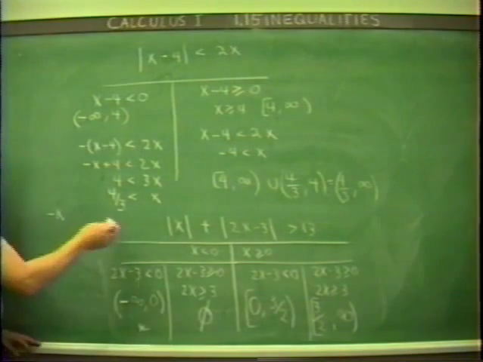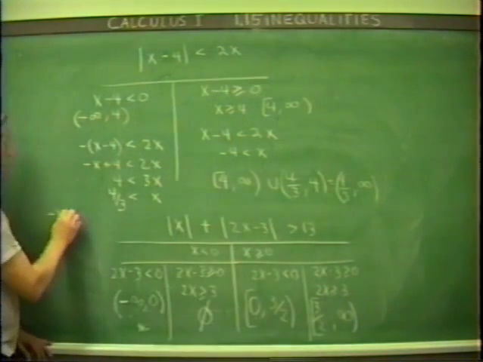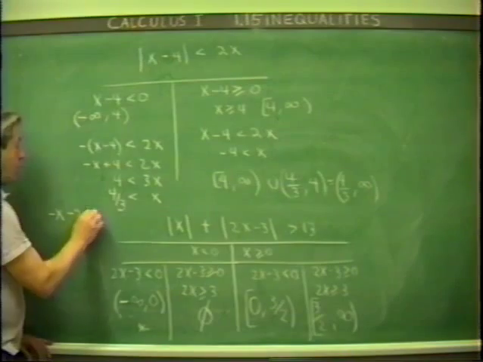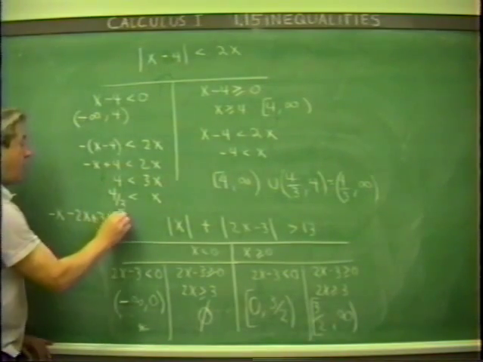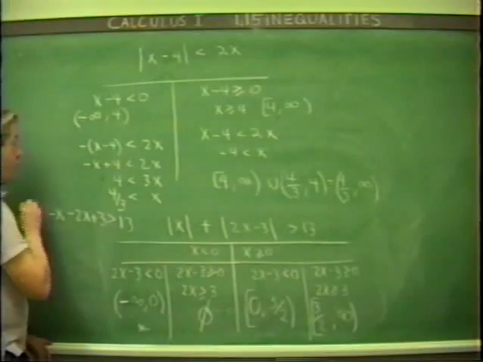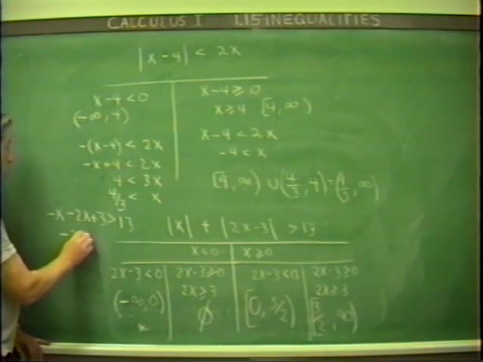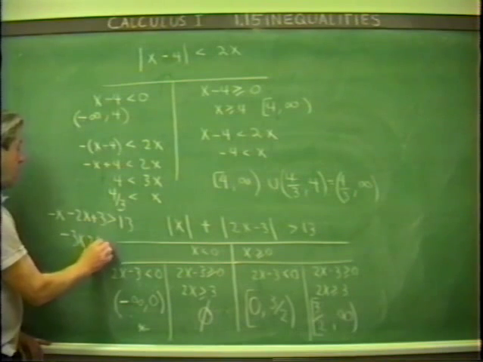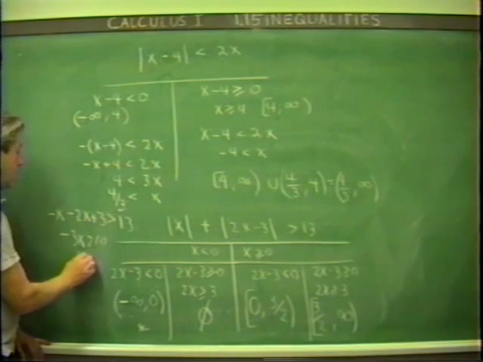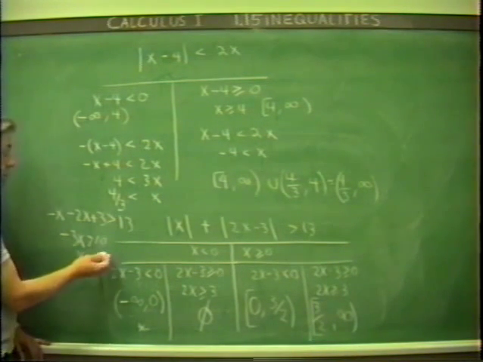Let's take a look at this case right here. Both quantities are negative, so we replace absolute x with minus x, and we replace 2x minus 3 with minus 2x plus 3, and we want to solve the inequality when is that larger than 13.